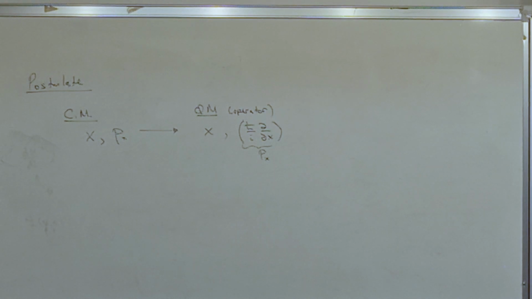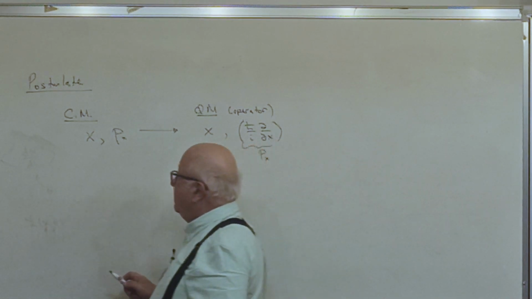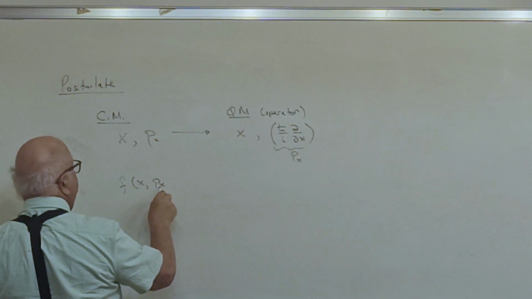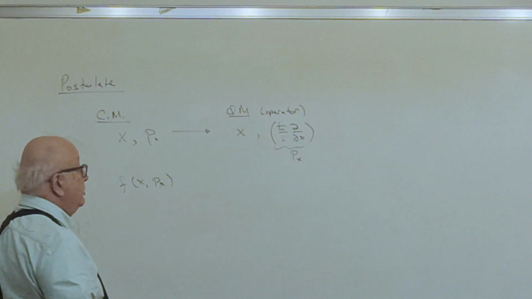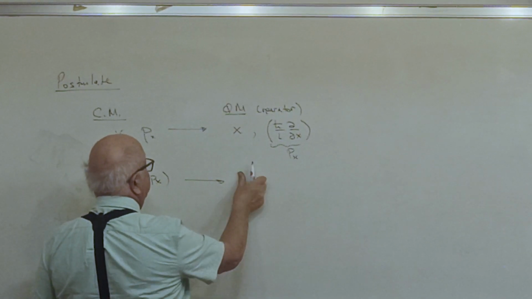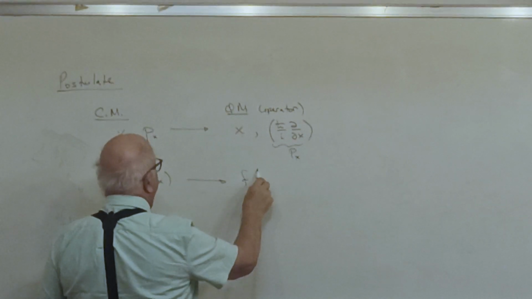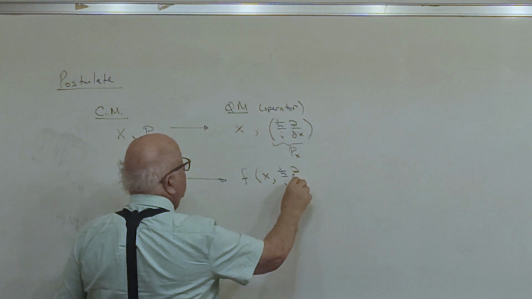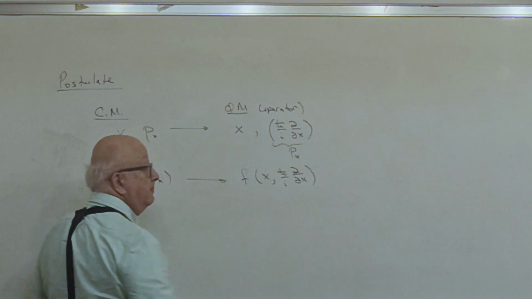Similarly, if I want to find the average value of p squared, I'll just need to square that. So whatever function of x and px I have, that's going to go into the same function, f of x and h bar over i del x.